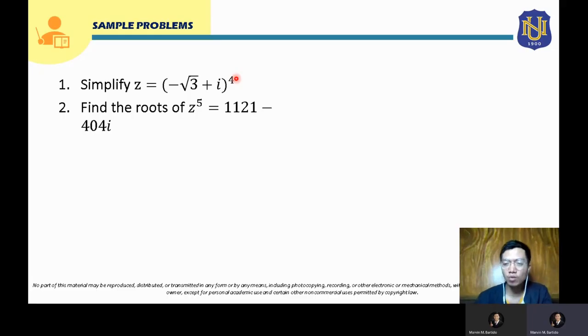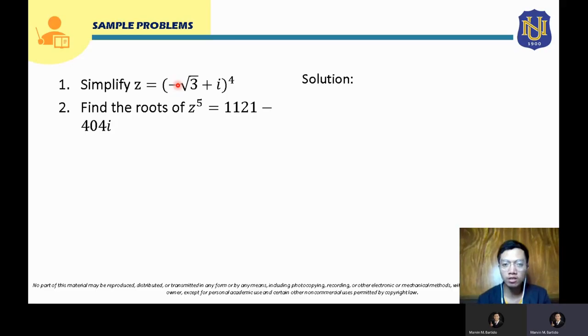So for this, we're going to use the concept of De Moivre's theorem. But before we can use De Moivre's theorem for our complex number raised to the fourth power, we have to convert our complex number into a form wherein there is an r, or modulus, and a theta, or argument.